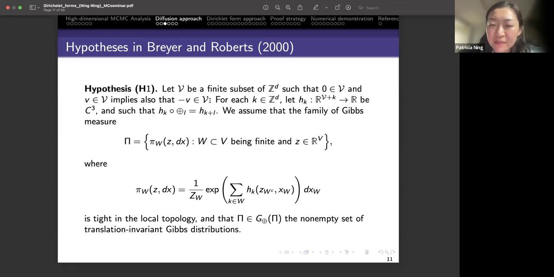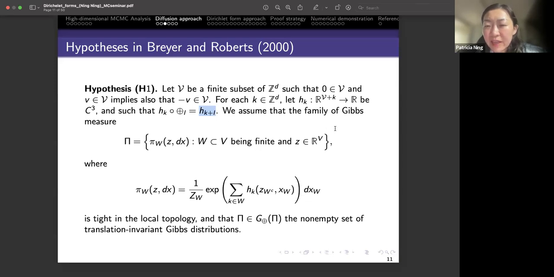For each k in Z^d, we consider h_k, a function of the finite set curly V plus k. That's where this k comes from. It maps to R and is C^3, third-order derivative continuous, and such that if you shift the position, you get the same function. This is translation invariance.